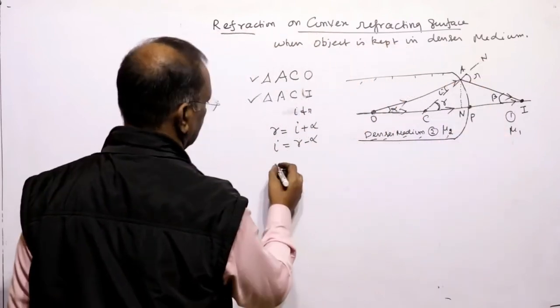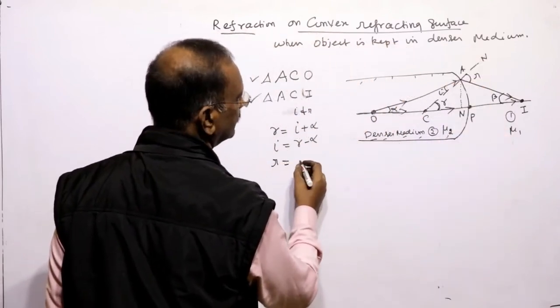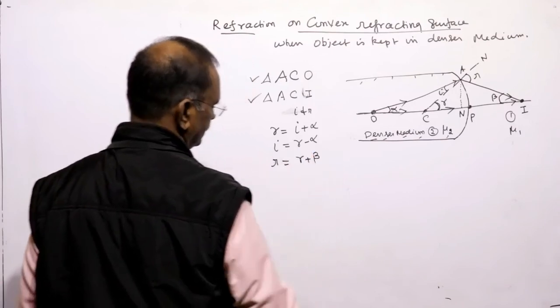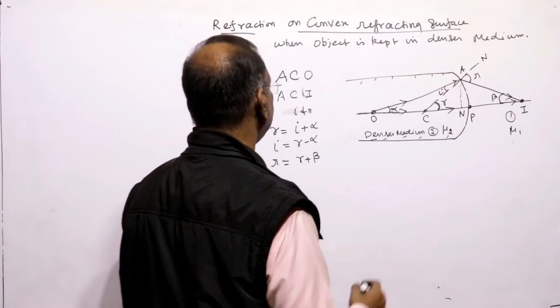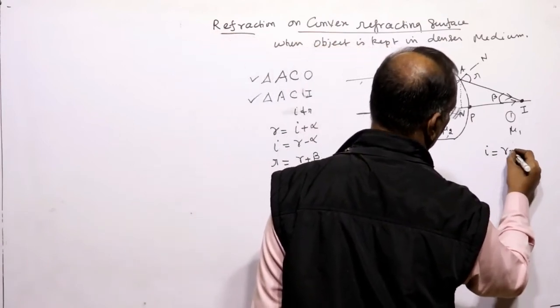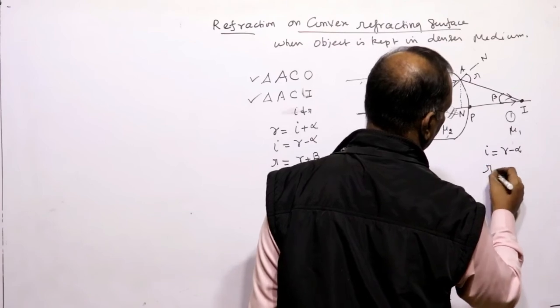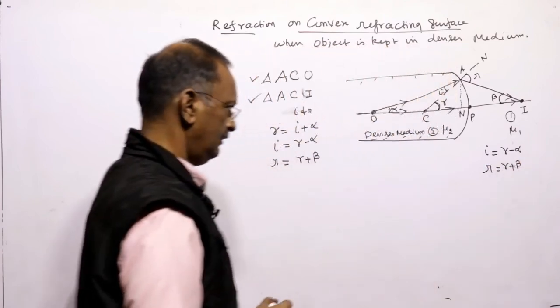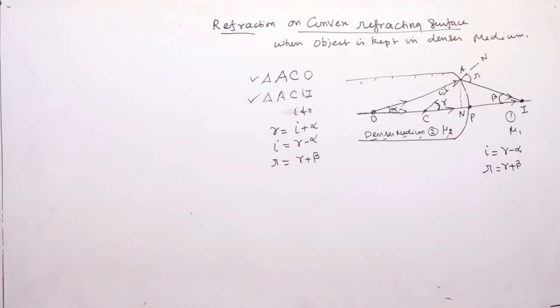So the external angle equals the sum of the internal angles, gamma plus beta. So we can write I is equal to gamma minus alpha, and R is equal to gamma plus beta.